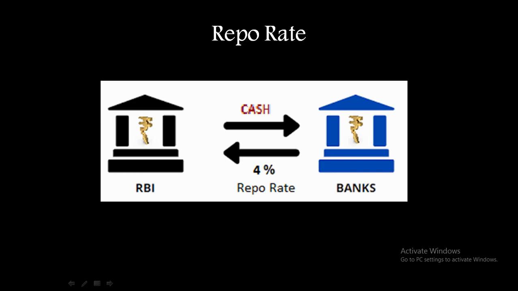RBI in its first bi-monthly monetary policy for the year 2021 has kept the repo rate unchanged at 4%. This has been done to limit the damage to the economy caused by the second wave of COVID-19. When the RBI cuts repo rate, the cost of funds of banks reduces. As a result, the banks are able to advance loans to their customers at a lower interest rate.